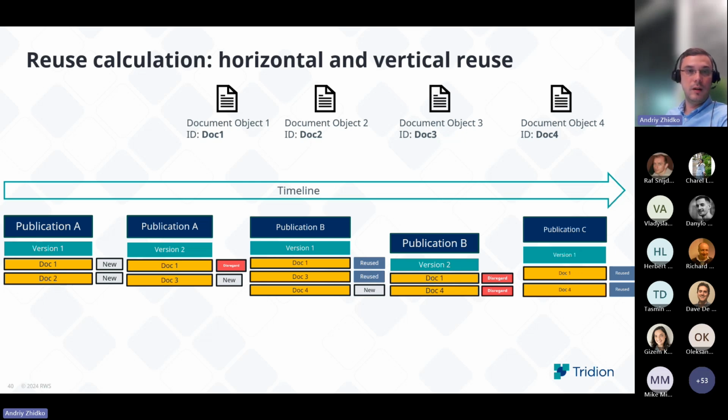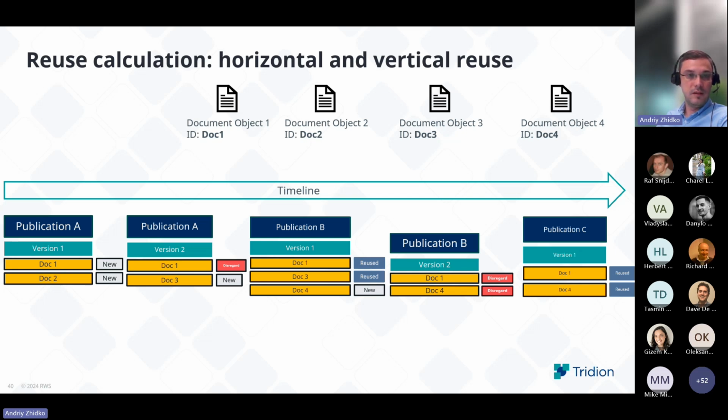Again, we have document 1, 2, 3, and 4. We have publication A, version 1, that is referencing document 1 and 2, both never used before, so they both have status new. Later, we created a new version, publication A version 2.